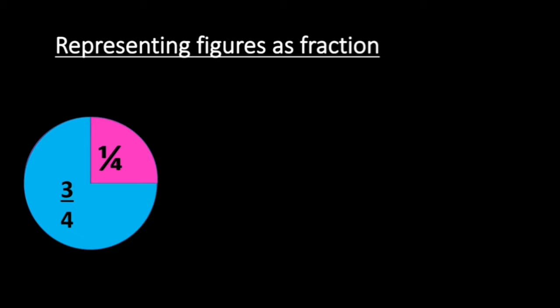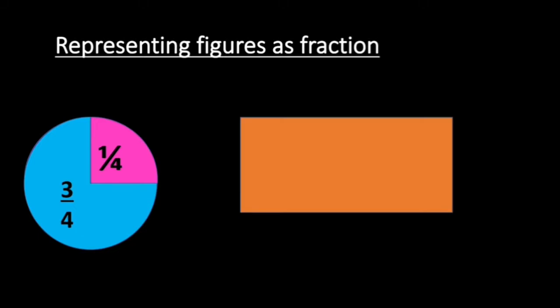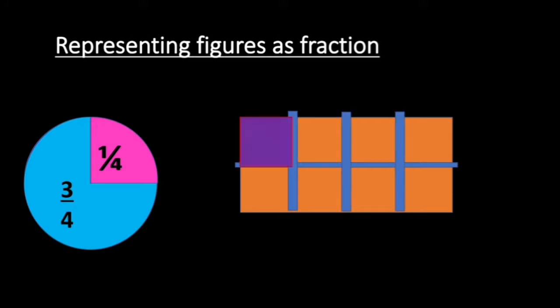Now let us take another figure. Here it is rectangular. It has 8 parts. Among these 8 parts, 2 purple parts are there. Now how can we write fractions for this? I can write 2 by 8.